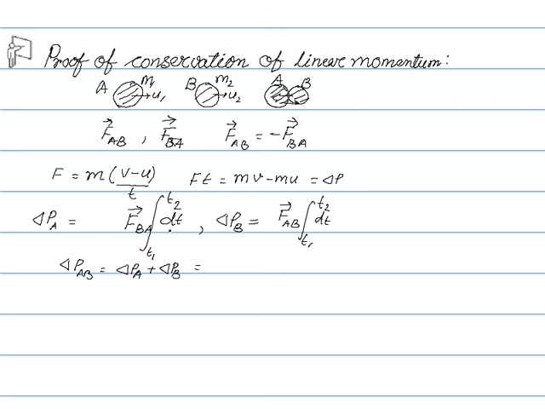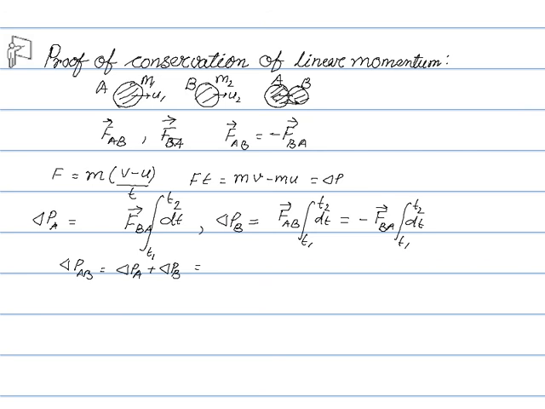Now we know that these two forces are equal and opposite. Therefore if we put the value of this, suppose this is the change in momentum, FAB can be written as minus FBA, integrated from t1 to t2 dt.